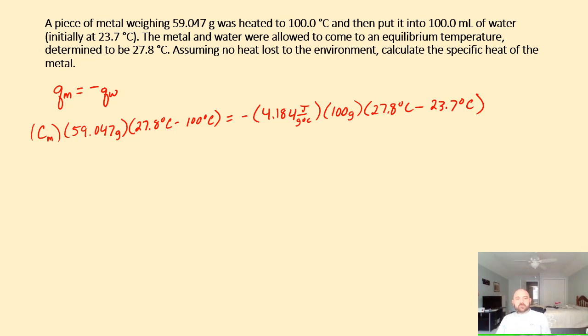So now we essentially have some algebra left to do. We will want to simplify those expressions using our calculator. So we will say that 59.047 times 27.8 minus 100 equals about negative 4,263.